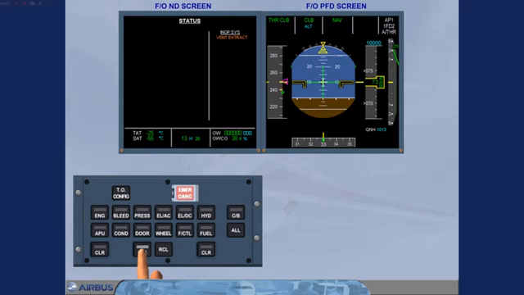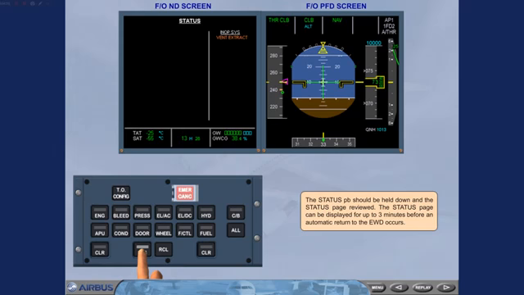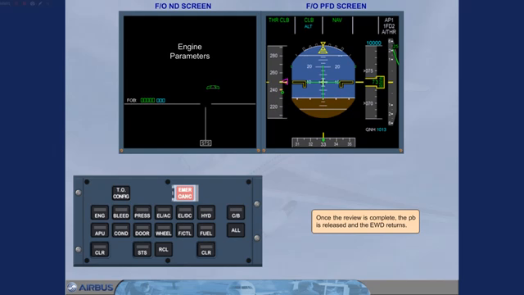The status page can be displayed for up to 3 minutes before an automatic return to the engine warning display occurs. Once the review is complete, the push button is released and the engine warning display returns. The Ecam procedure is now complete. There are no lights on the Ecam control panel.